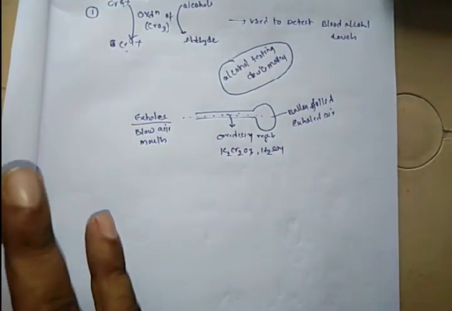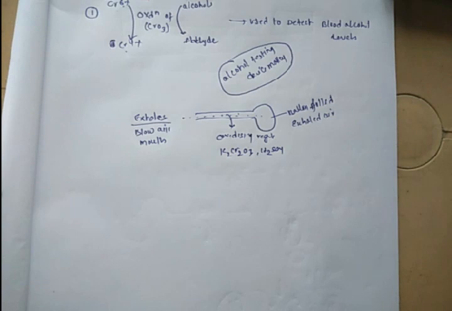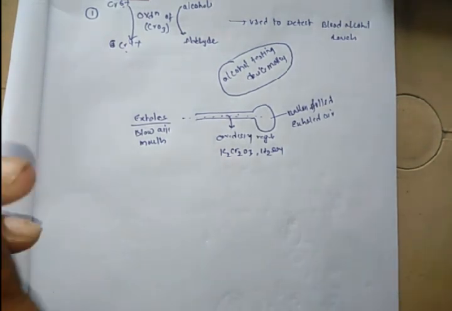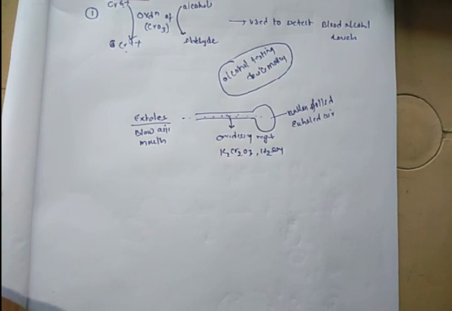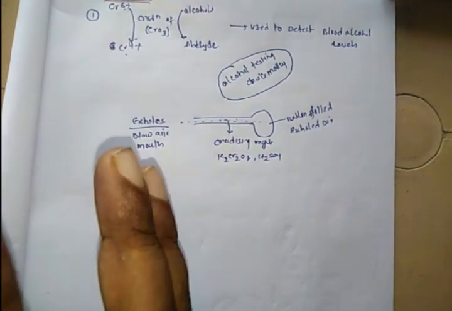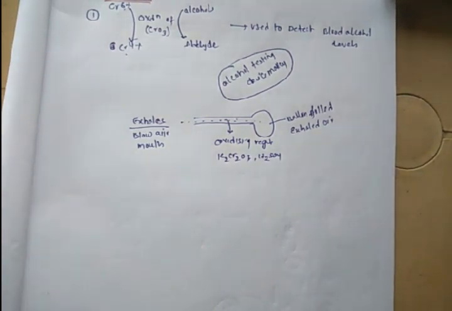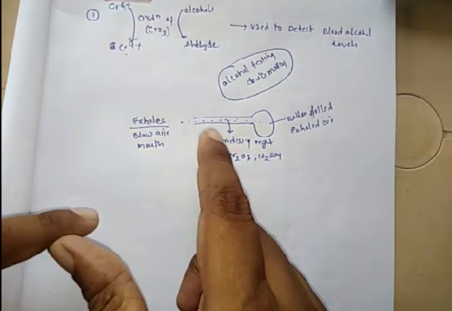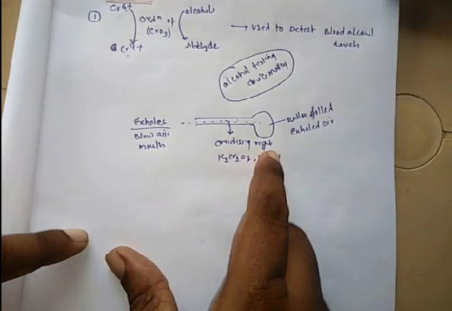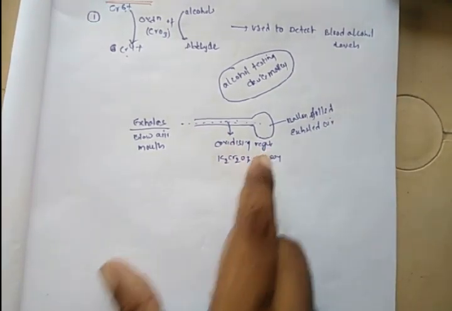If you want to test whether a person is taking alcohol or not, take the device to that person and ask him to blow air into it. The tube contains an oxidizing reagent.